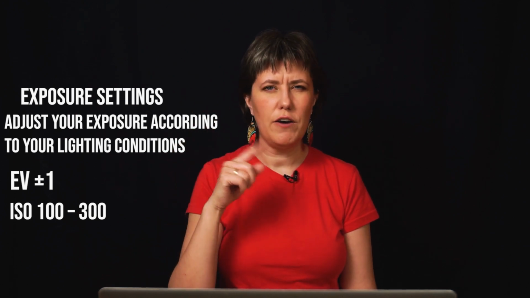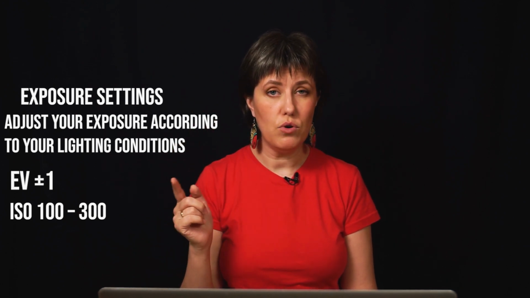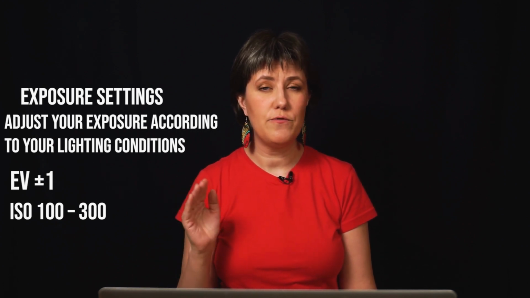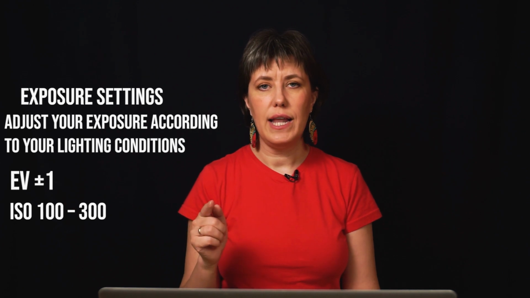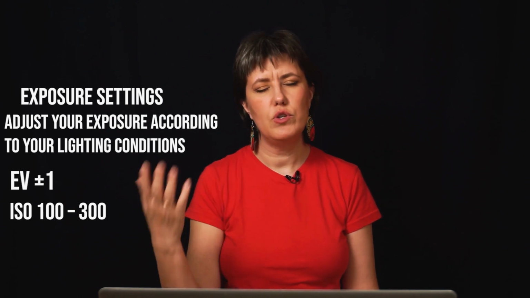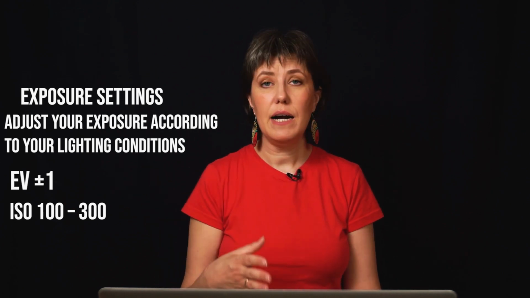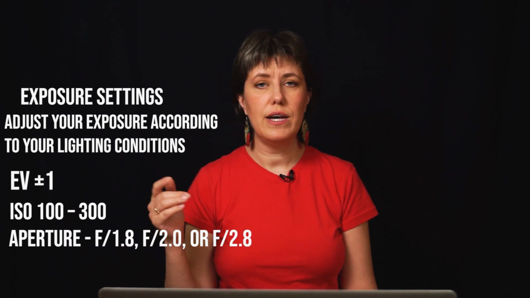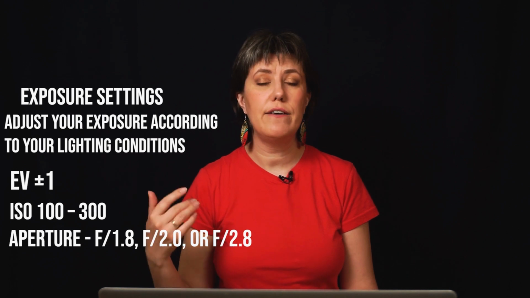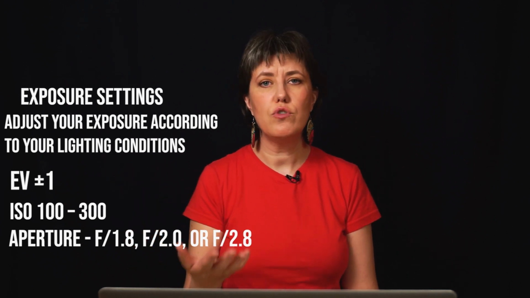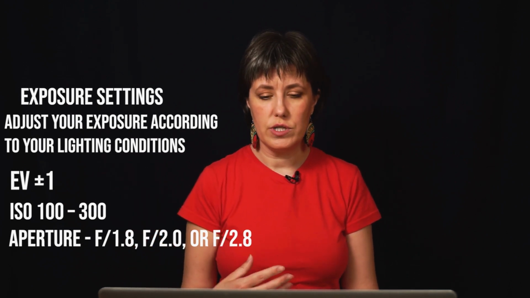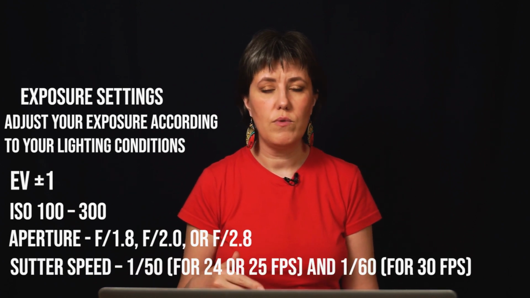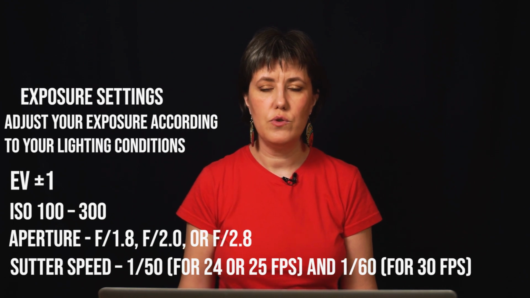With the lights that you have purchased, I don't think you need any more, and maybe you will stay somewhere around 200 for ISO for a good light. If your light is a little bit low, maybe you will have to go for a bigger number. Aperture is going to be f1.2, f2 or f2.8, which is good for portrait shooting. And shutter speed, as we said, is 1/50 or 1/60 depending on your frame rate.